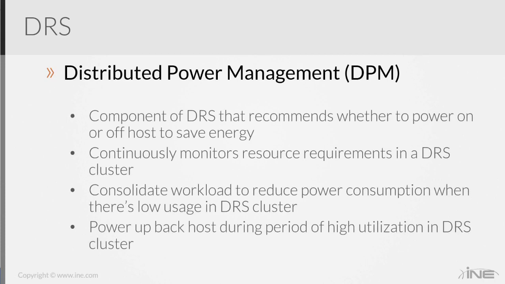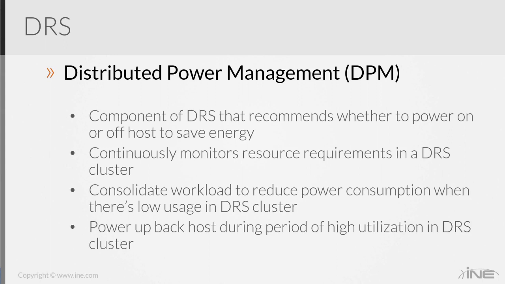So next we have distributed power management. The DPM settings are configured around the same time as DRS. It's in the same window option there once we're configuring this. The distributed power management, or DPM feature, optimizes power consumption of hosts within our cluster.